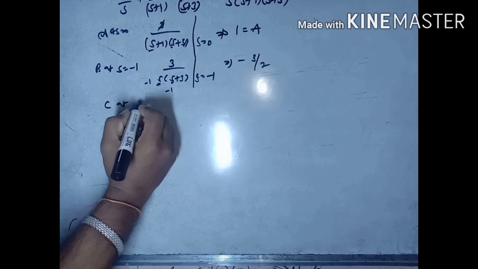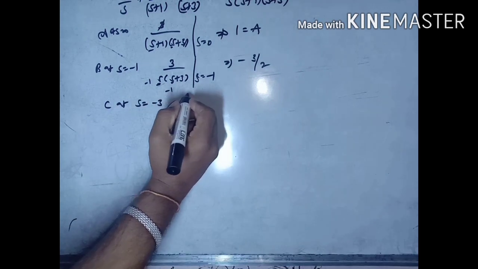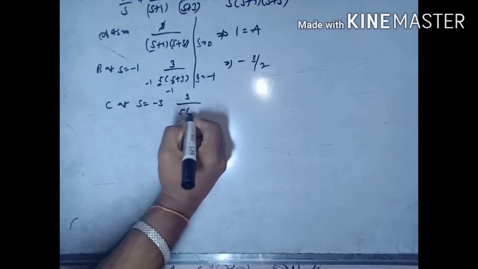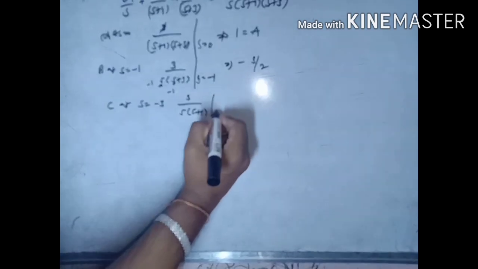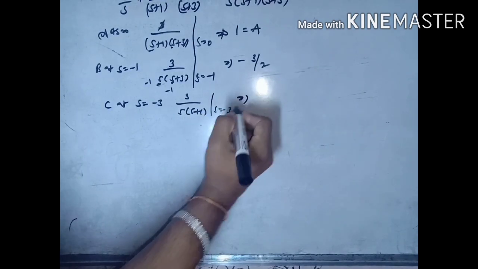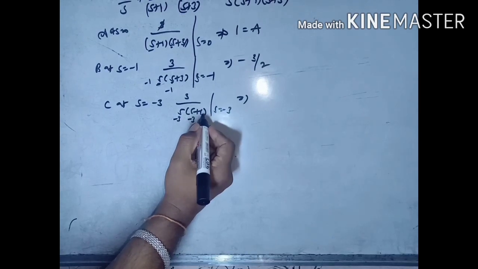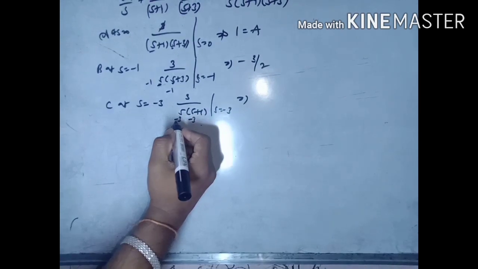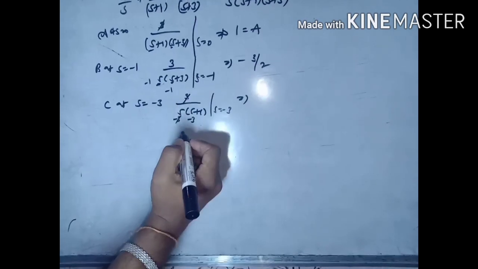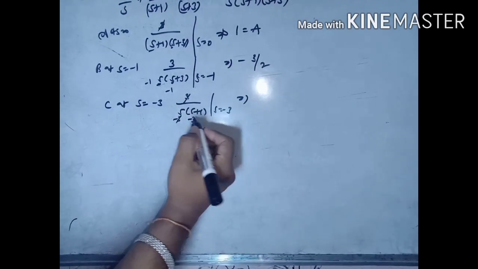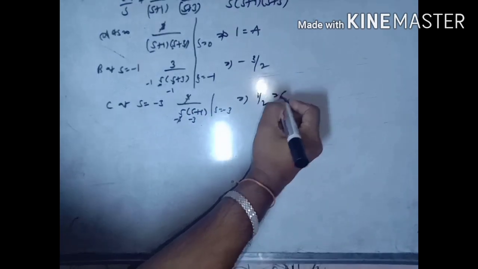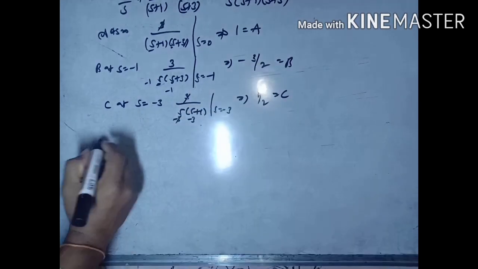Next, C at s = -3: 3/(s(s+1)) at s = -3. Minus 3 plus 1 is -2, and the 3 gets cancelled. Minus into minus is plus, so C equals 1/2.